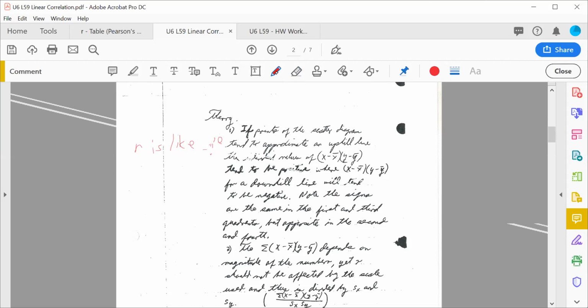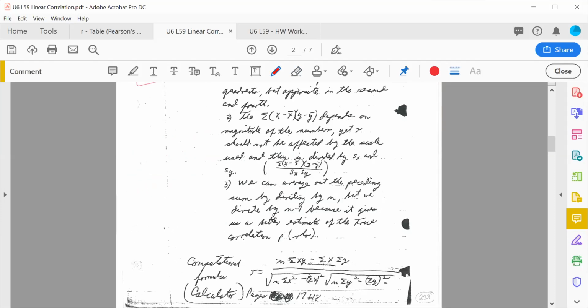If a line goes downhill, R is negative. And if the line goes uphill, R is positive. That's basically what number 1 says. I know it's Doc Piper handwriting, so you have trouble deciphering.